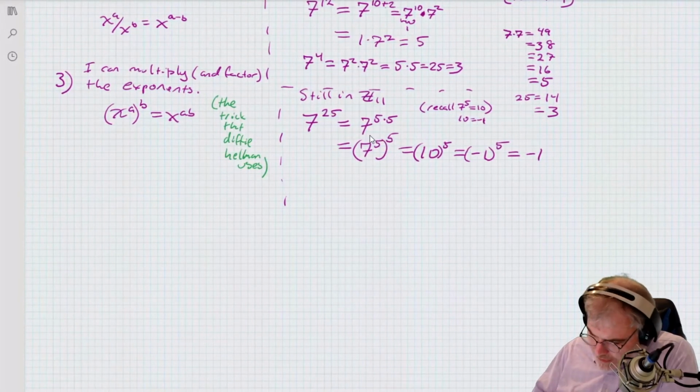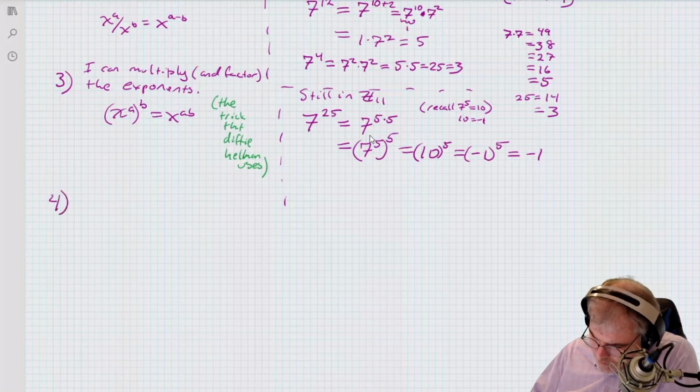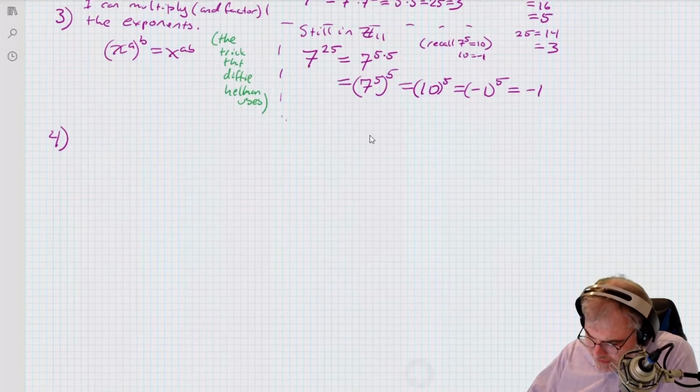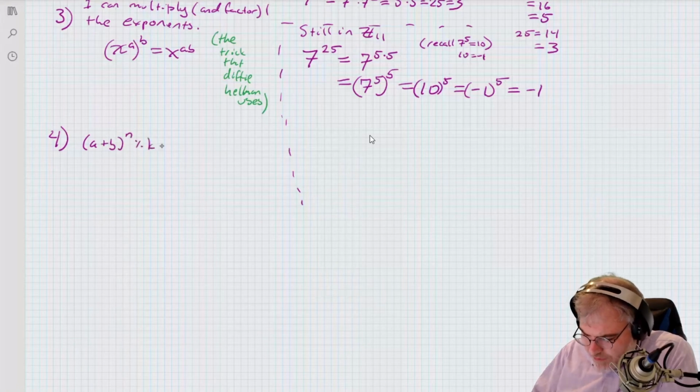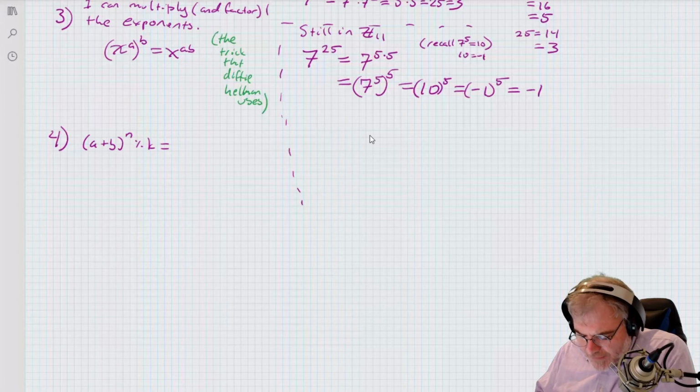Let's look at the binomial theorem. This is the binomial theorem with mod. So still in Z11 is going to be our example, right? So let's do this. I do (A plus B) to the N mod K equals, well, this is going to be (A plus B)(A plus B)(A plus B)(A plus B)(A plus B)(A plus B)(A plus B)(A plus B), right?